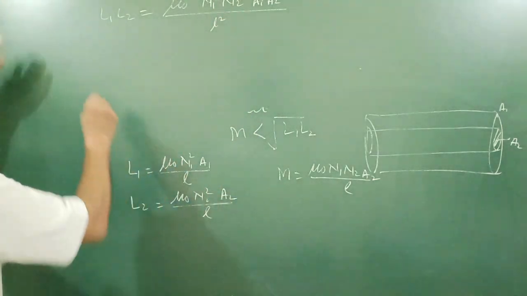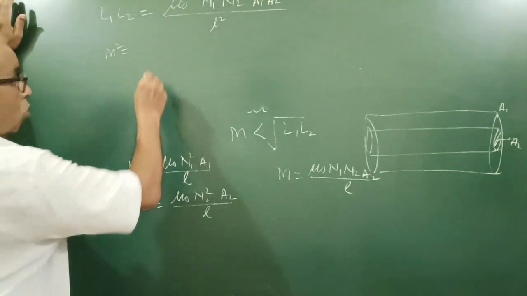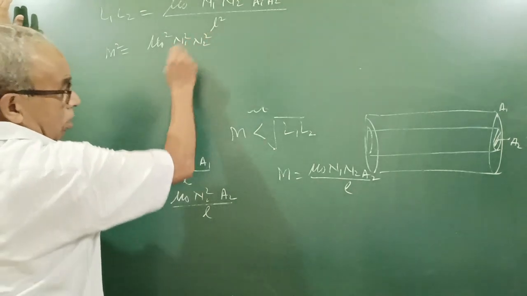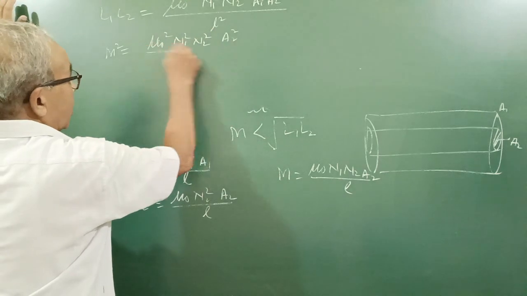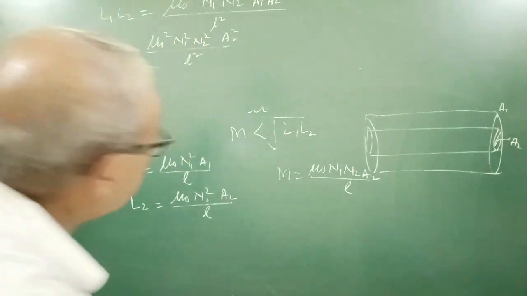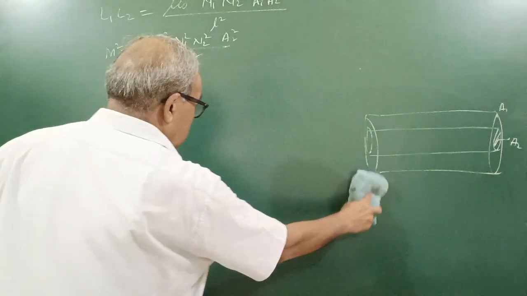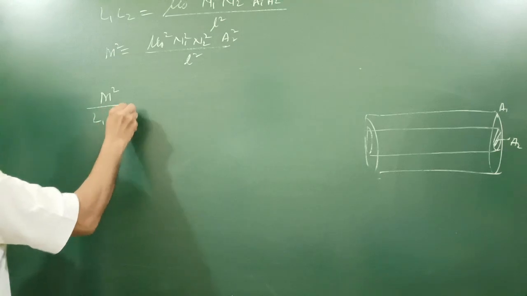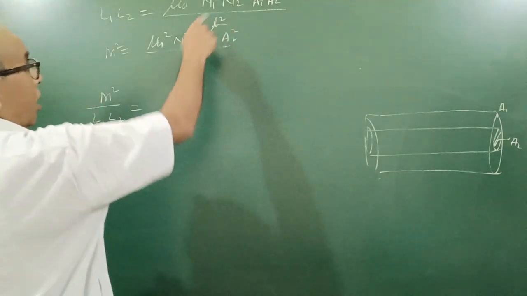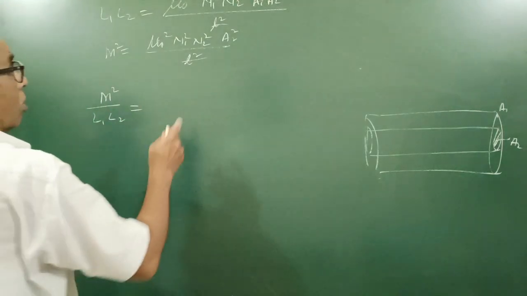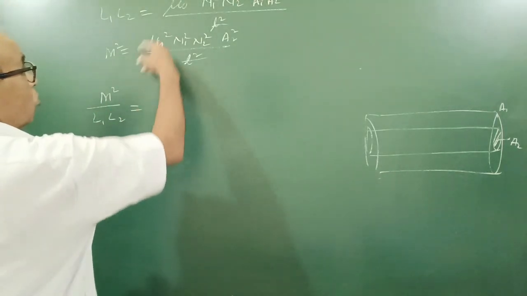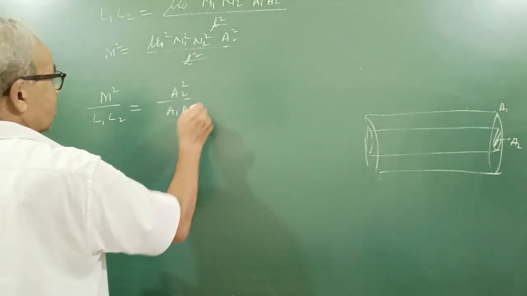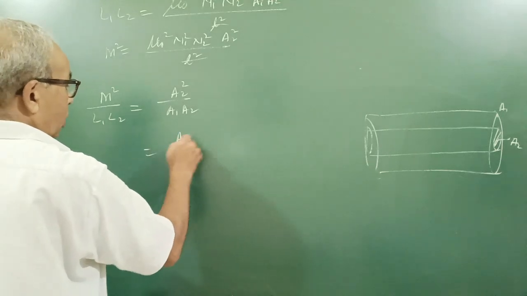Then make M square here also. M square is equal to mu 0 square, N1 square N2 square A2 square upon L square. Divide these two, that is, M square upon L1 L2. You will get N1 square N2 square cancel, mu 0 square cancel, and you will get A2 square upon A1 A2, or it is equal to A2 upon A1.